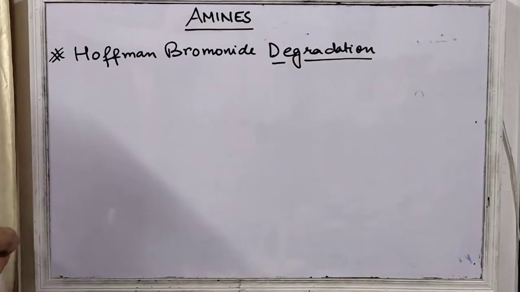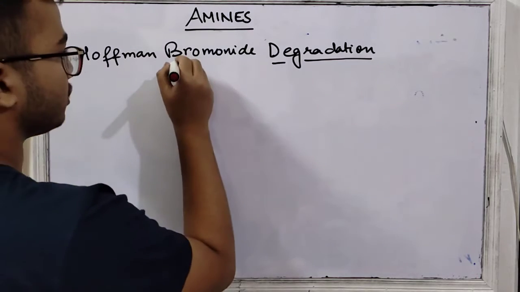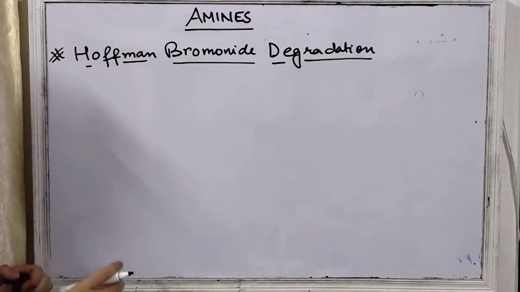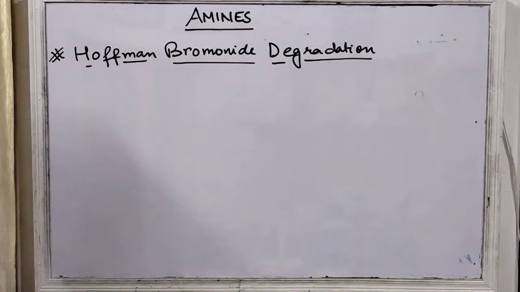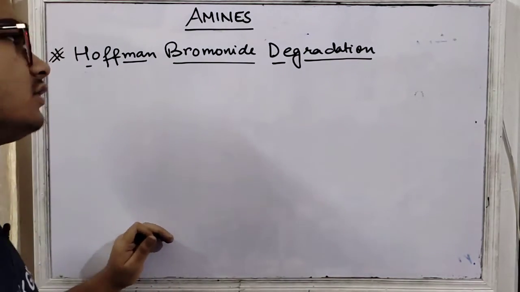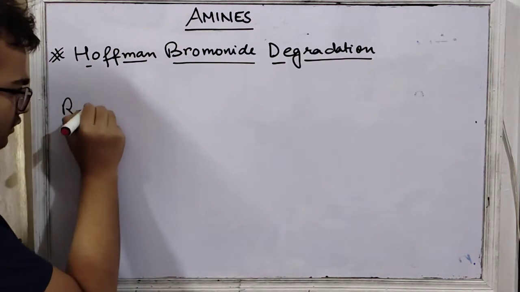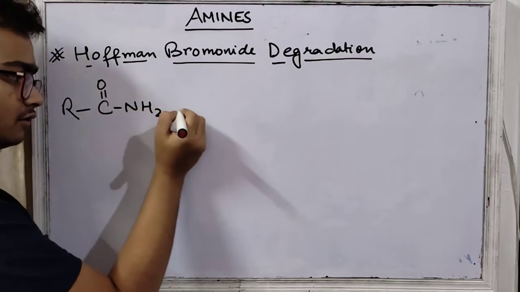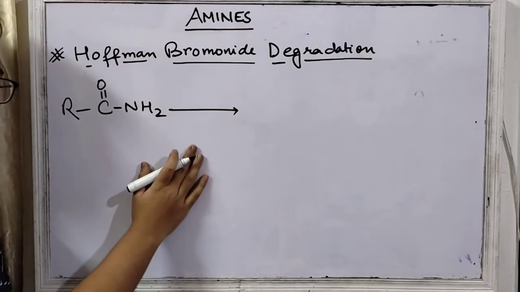Okay, I hope I spelled it correctly. No, it's correct. Hoffmann bromamide degradation. So what happens here is, let's write the reaction first, afterwards I will explain. Okay, since it is bromamide, that means amide group is present. Okay, so let's take amide group RCONH2. Okay, so this is the amide group.